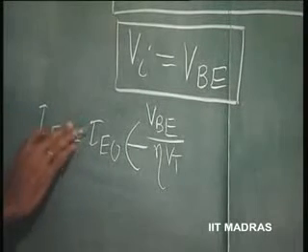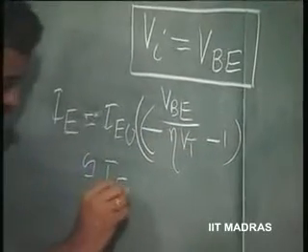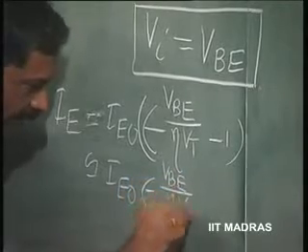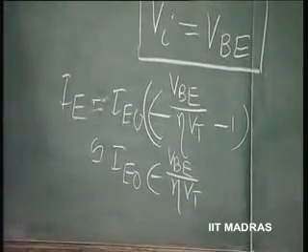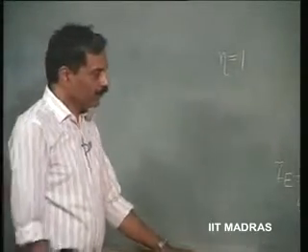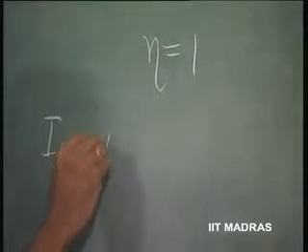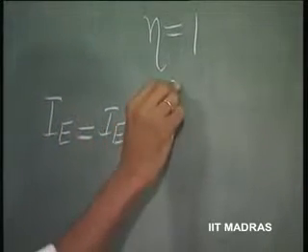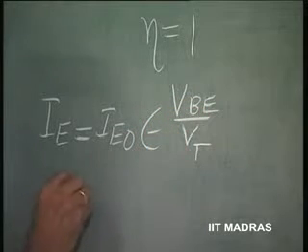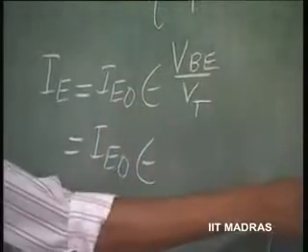Let us assume eta to be equal to 1. We have said eta is between 1 and 2, right. So, IE is equal to IE naught exponent VBE by Vt. This is equal to IE naught exponent Vi by Vt, since VBE is the same as Vi.